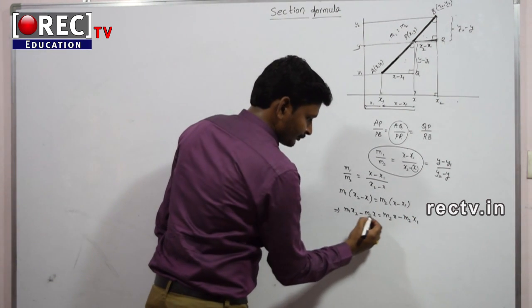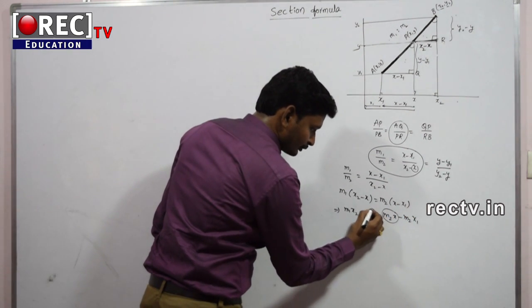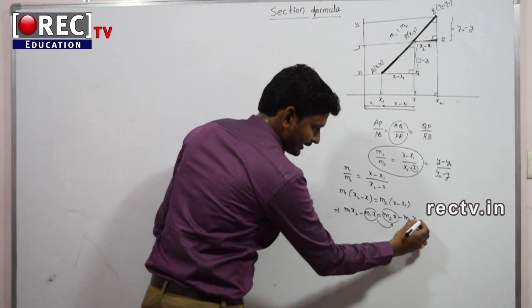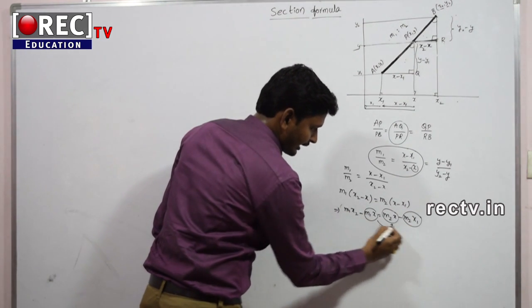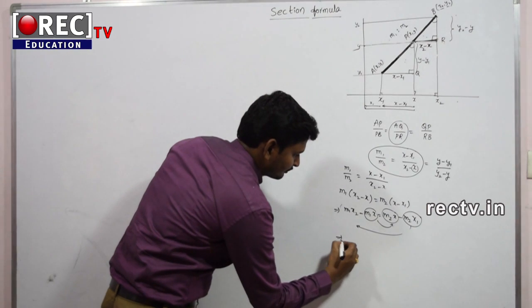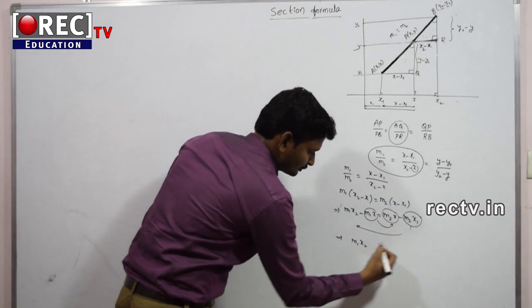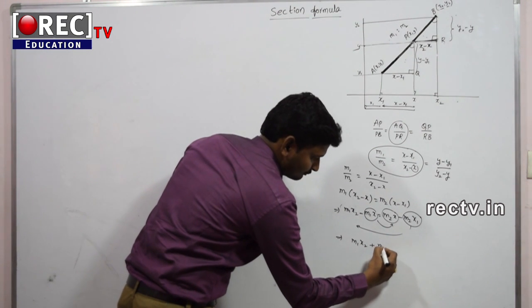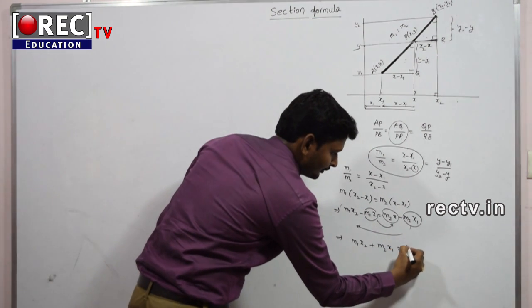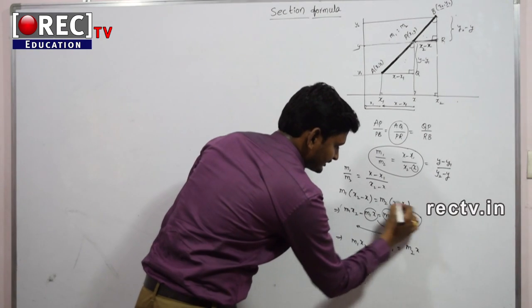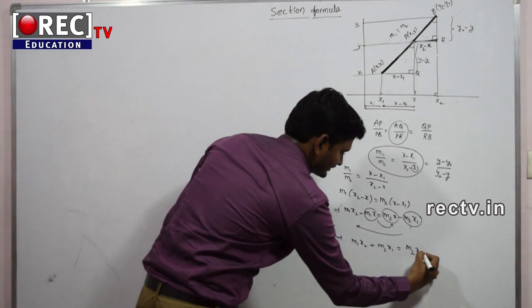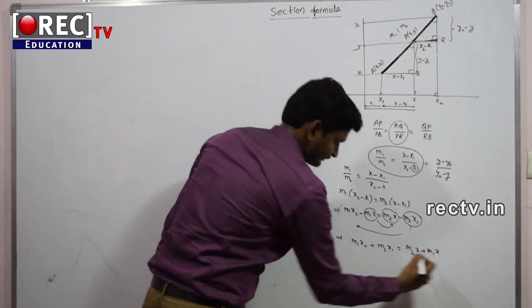So here these x values I have to keep one side, and these x1 and x2 values I have to bring this side. That means M1x2, and this minus value comes to this side and becomes plus M2x1, is equal to M2x on that side, and this goes that side and becomes plus M1x.